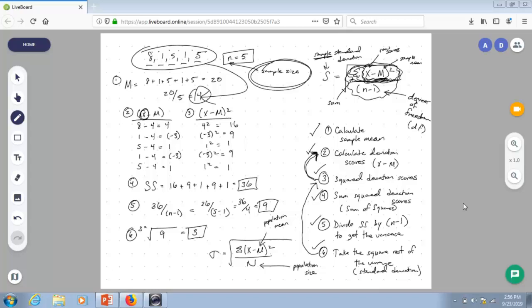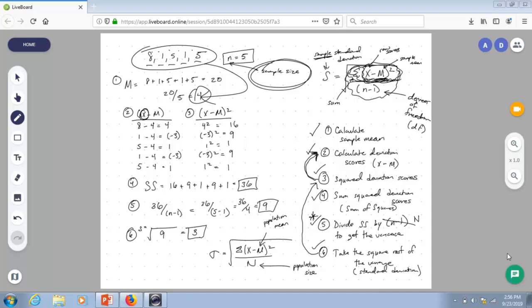So if we were to say that this sample was a population, essentially what that would mean is when we got to step 5, instead of dividing by n minus 1, we would divide by the population size.